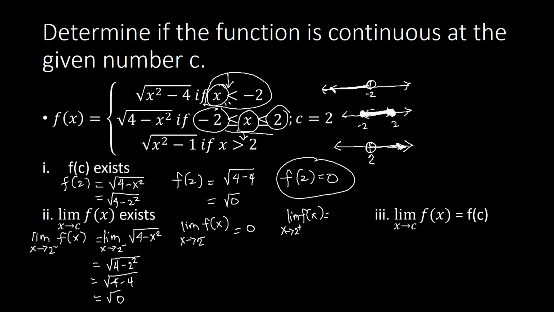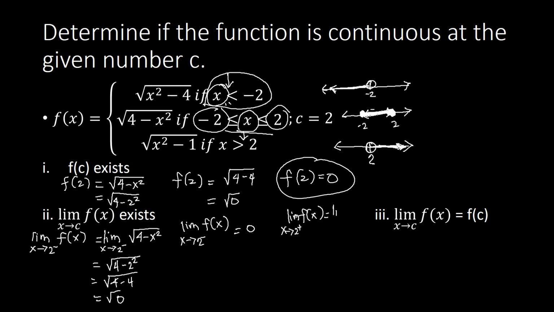So on the domain there, we have the 2 here, and we are to consider domains that are coming from the right side of 2. So checking, we have the third domain here, because you notice values are coming from the right side of 2. Although 2 is not included, as long as you are moving closer to 2, that's really fine. So we're choosing the third function as our function.